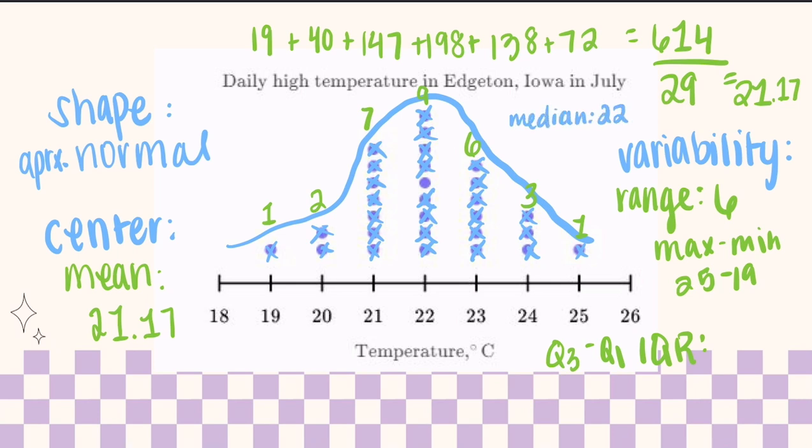Now from this dot in the middle to the edges, I'm going to do the same thing to find the middle number. This one was the median up top. So now let me cross out again.